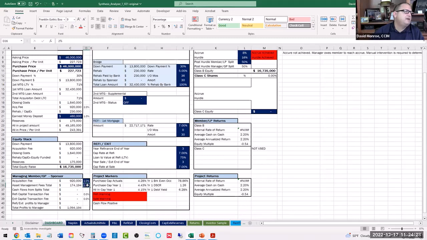Asset management fee. Typically, it's 2% of income. It's negotiable between you and your investors and the partners. Everything's negotiable. Matter of fact, on the syndication I did in Longview, Texas, we did 5% of the NOI, not 2% of the income.